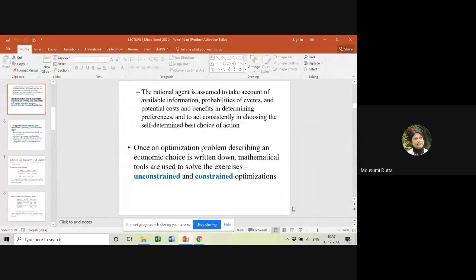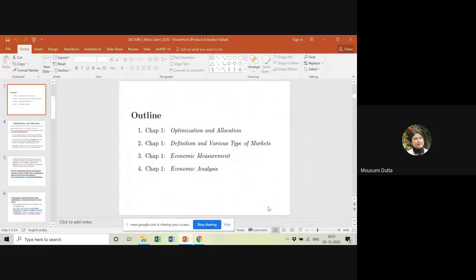So this is all about the first thing, optimization and allocation. This issue will come up in the context of consumer theory, producer theory, and analysis of different types of markets. Later, when we consider welfare economics, these optimization and allocation issues will appear again.